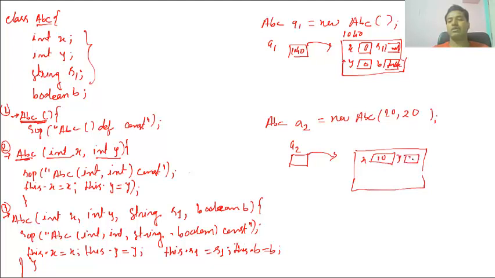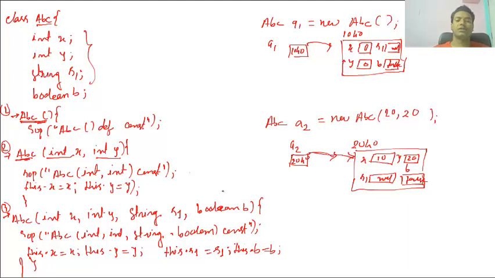Y value is 20, and memory for S1 also gets allocated, but that remains null because no value is supplied, and B is by default false, right? So this address is 2040, this stores 2040, something like this, and this points to this.